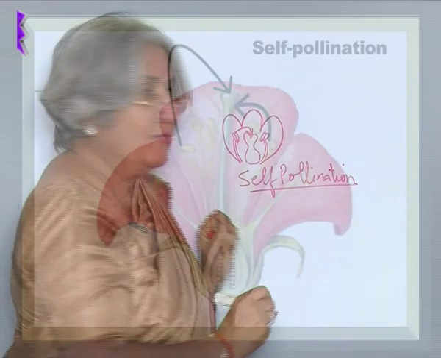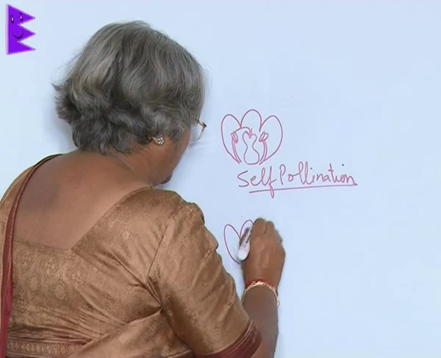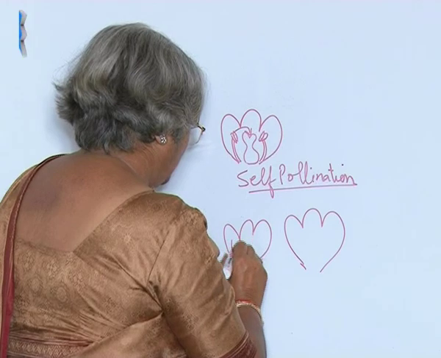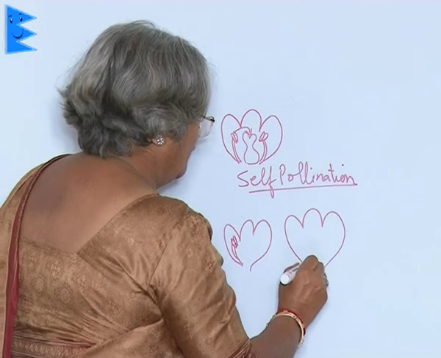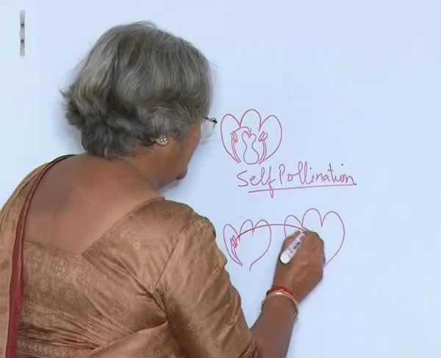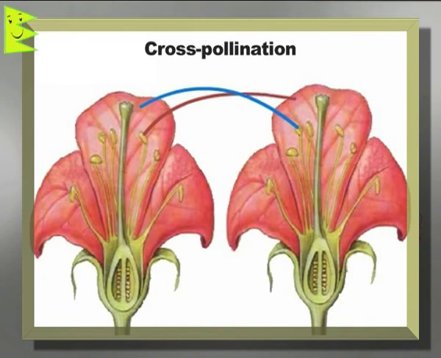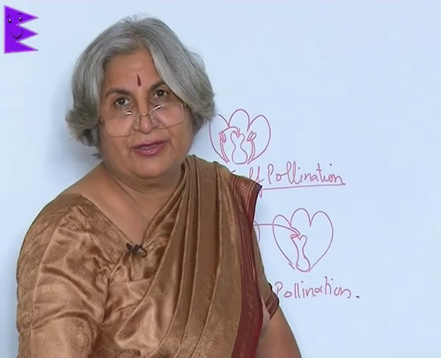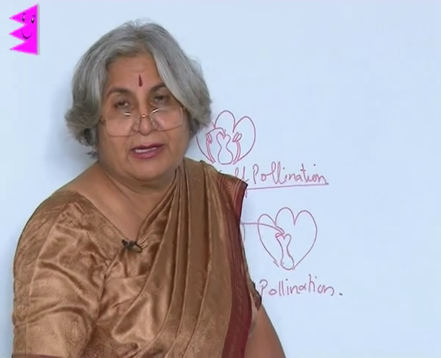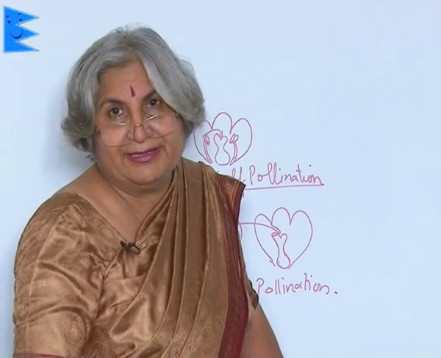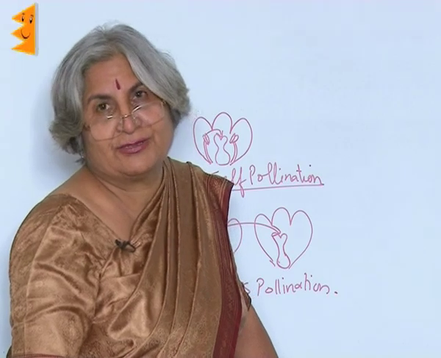But sometimes what happens is that there are two flowers, the pollen grains of one fall on the stigma of the other flower. Now, this is called cross pollination, and obviously for this transfer some external agency is required. So, that can be wind, water, insects, or even small birds like hummingbird. That also helps in cross pollination.